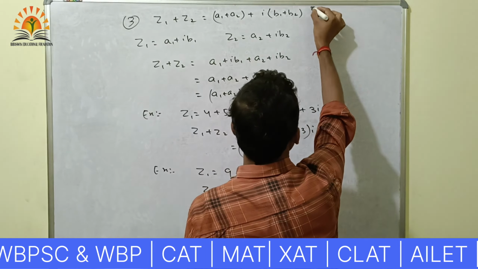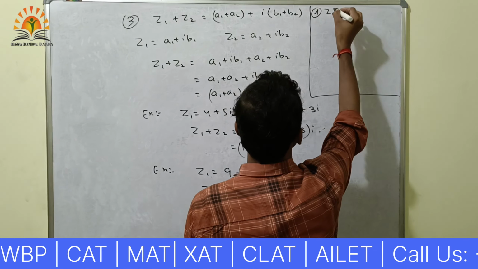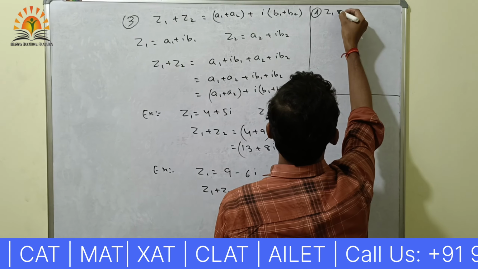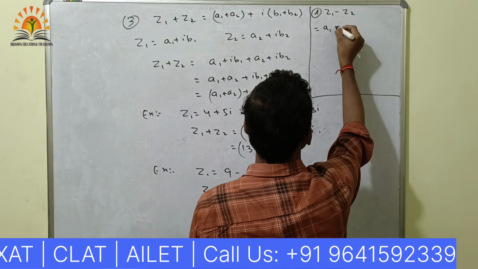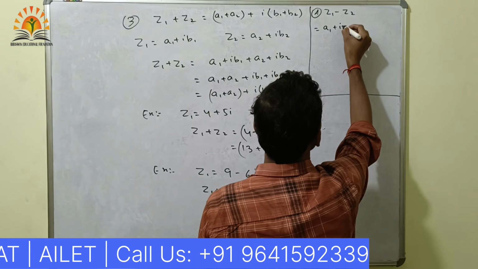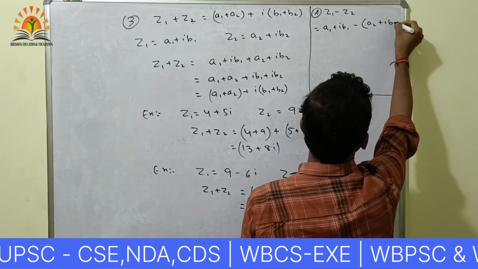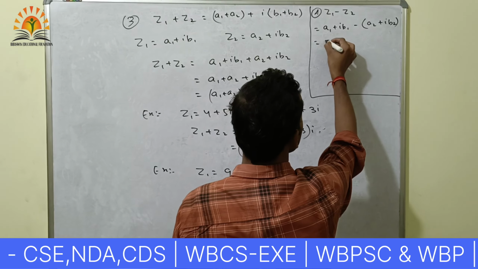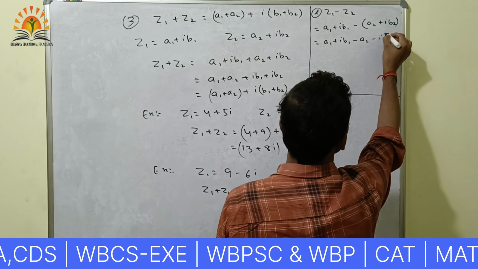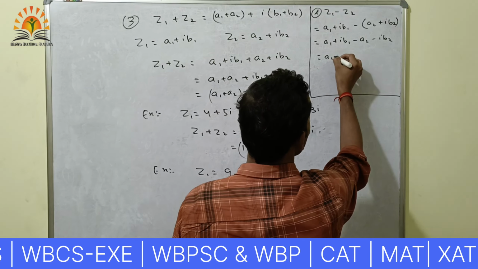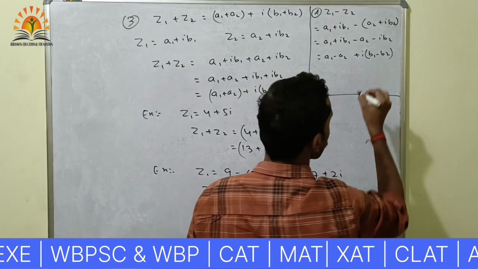Now the same thing for subtraction. Z1 minus Z2 becomes a1 plus iota b1 minus a2 plus iota b2. That gives the result a1 plus iota b1 minus a2 minus iota b2, so a1 minus a2 plus iota times b1 minus b2.